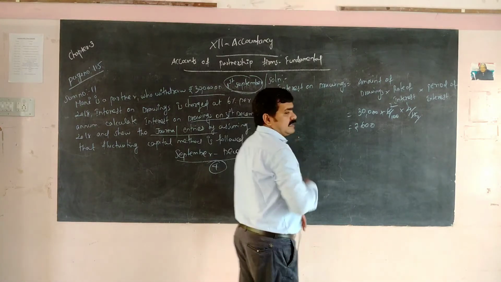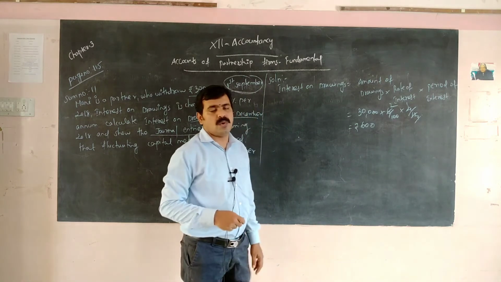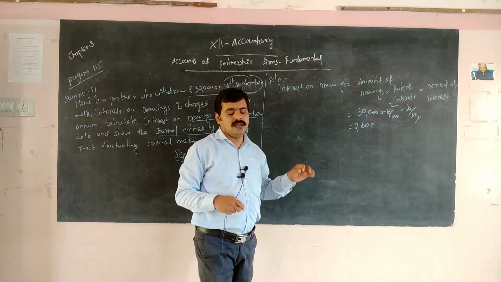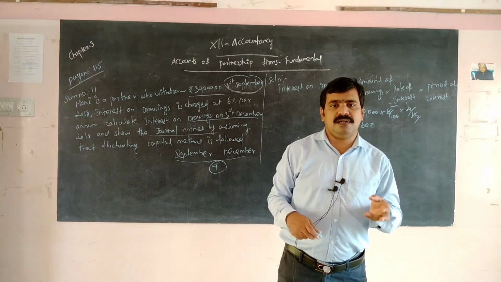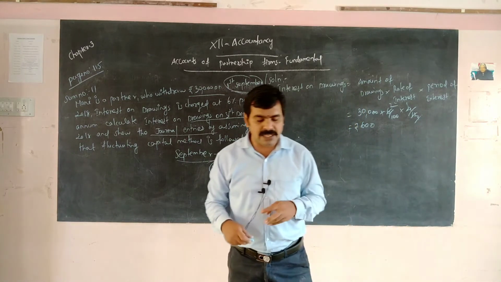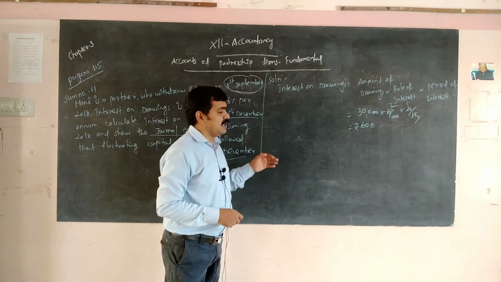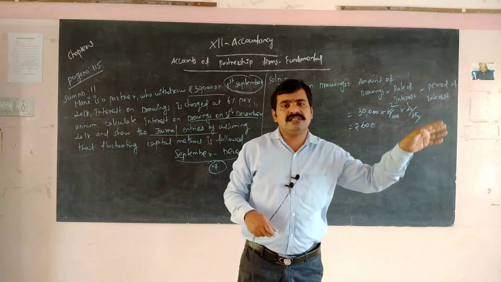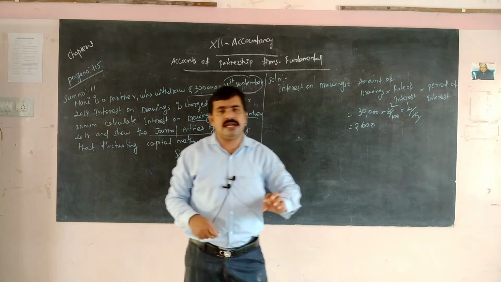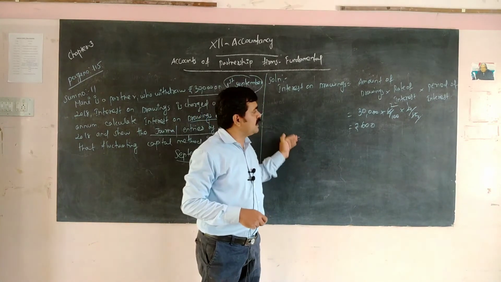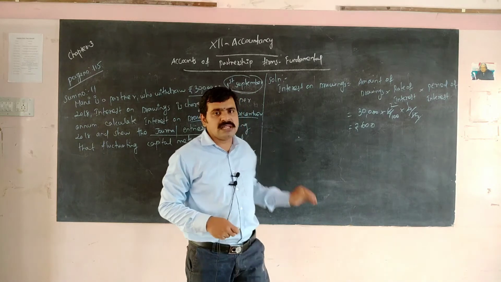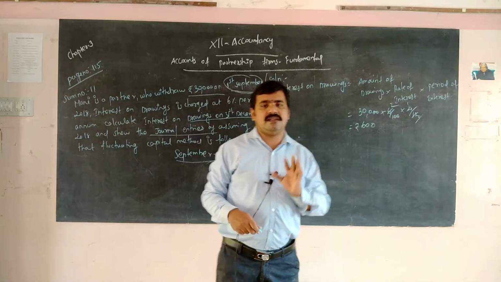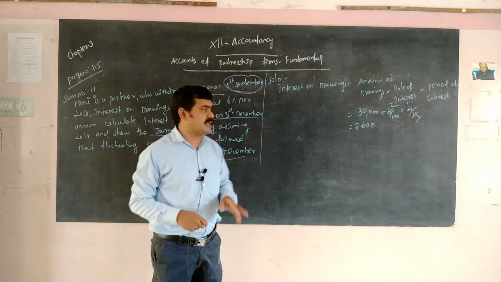So you have to write the journal entry also. Here, as in interest on capital, where we debit partners capital account, in interest on drawing the entry is: partners capital account debit to interest on drawing account.